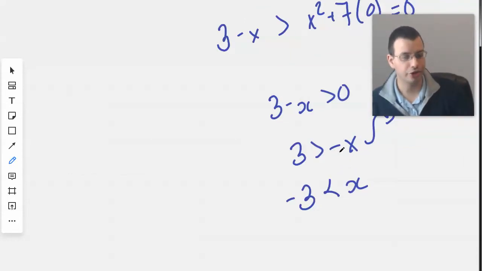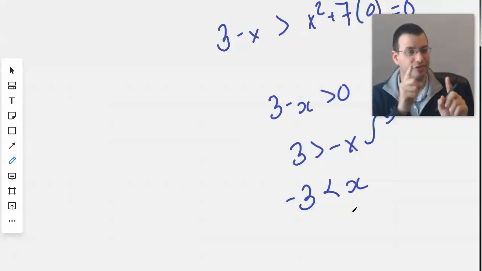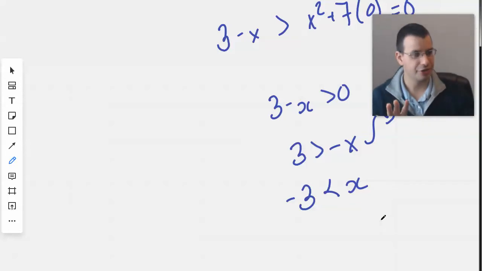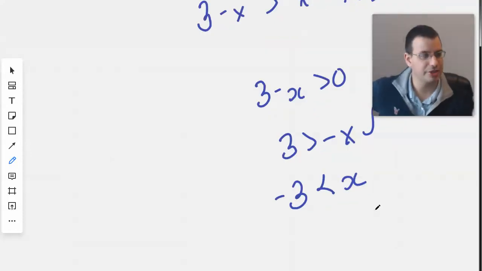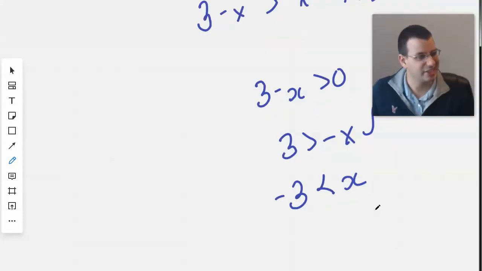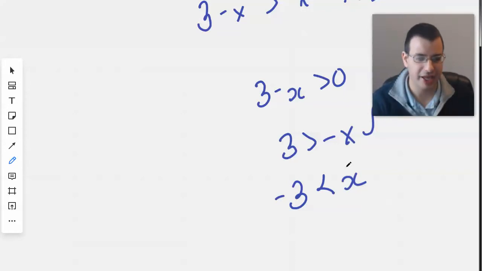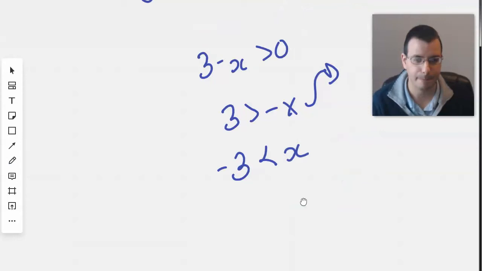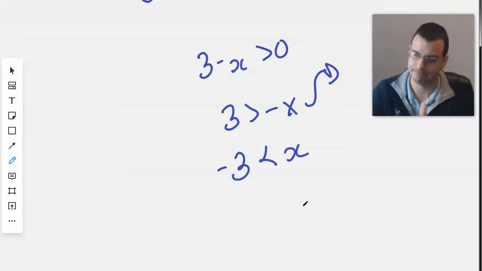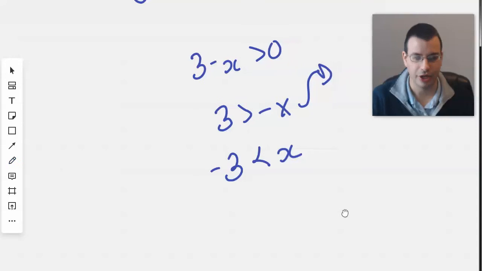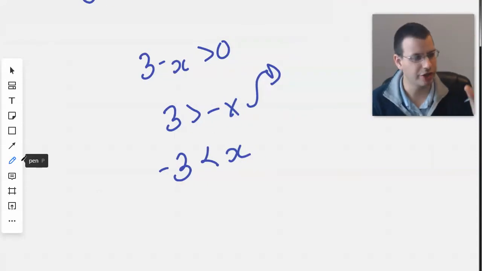So we want to divide both sides by negative, and when you divide by a negative, you have to flip the sign. That sounds counterintuitive, and it's not really calculus, it's more of an algebra thing. You don't really notice it most of the time because you have an equal sign, and when you flip an equal sign, it's the same, so it doesn't really matter. But when you have a negative, you have to flip the sign.